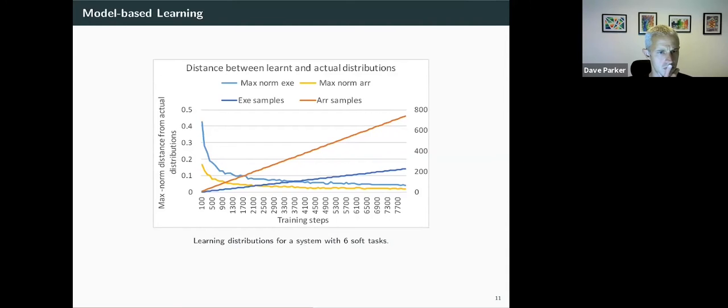Note that not every job that arrives in the system can be executed until completion. Therefore, over time, we get more samples for interarrival time compared to samples for computation time. Here, the left y-axis is the max norm distance between the probabilities in the actual distributions and the learned distribution across all subtasks. We can see that with more training, we are learning the distributions more accurately.